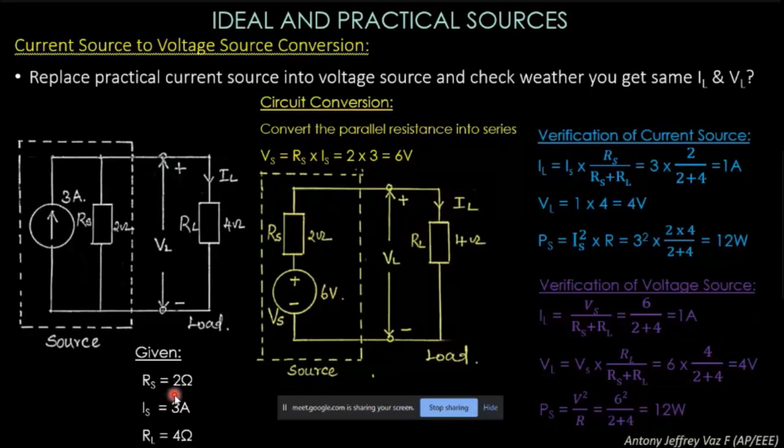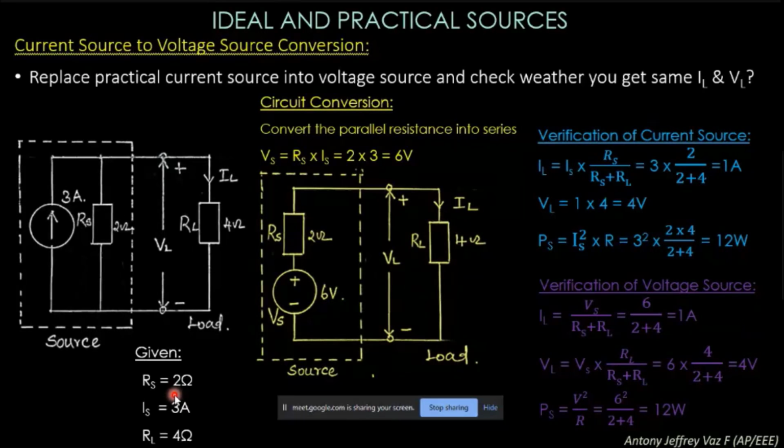So for modeling purposes, we need to convert the voltage source into a current source and a current source into a voltage source in some circuits to find the exact derivation, equation, or complex formula for representing a circuit. For doing so, we need to convert the current source and voltage source.